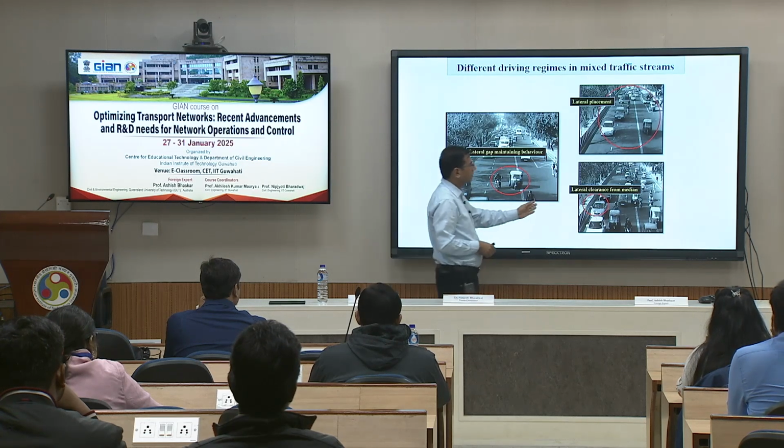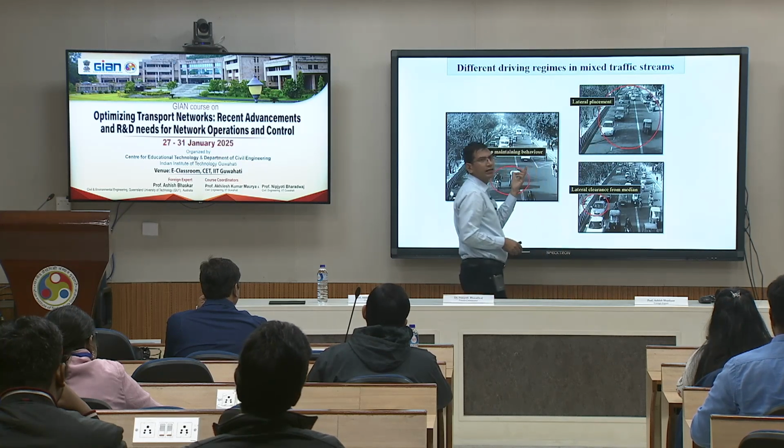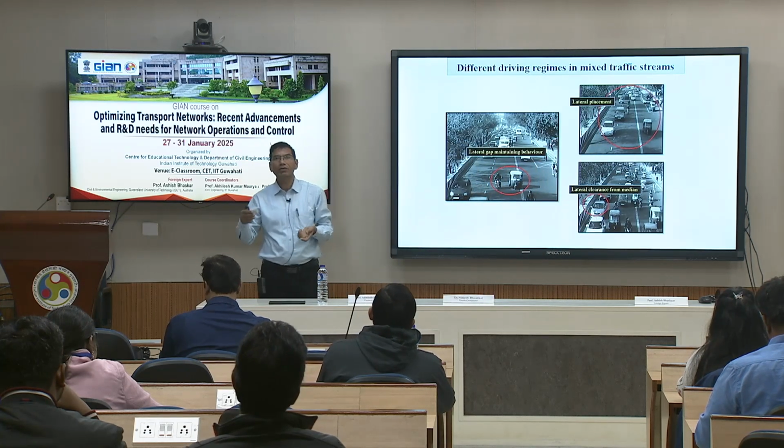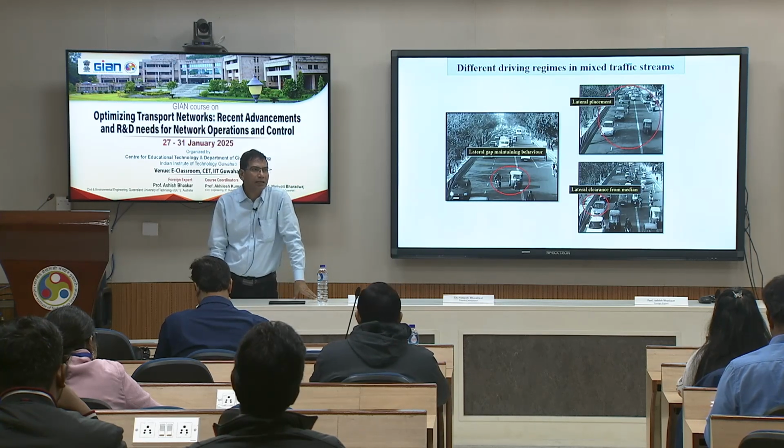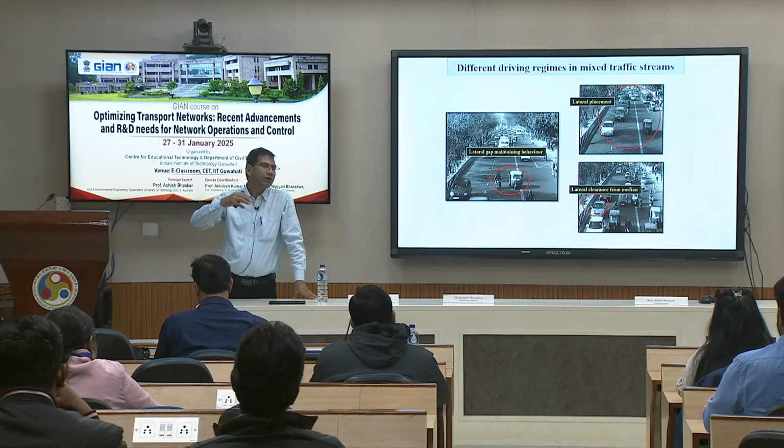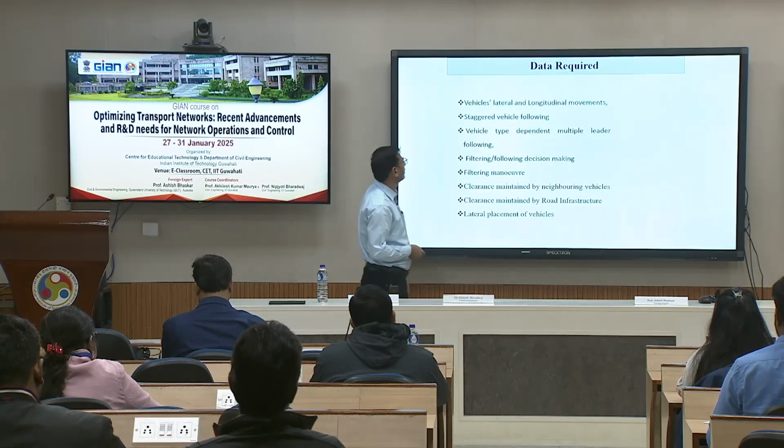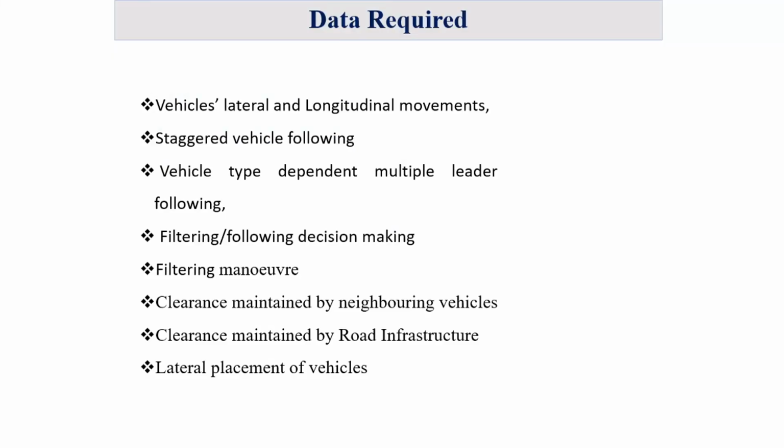These are the basic features which should be represented by any traffic model you develop for the Indian context. So if we list down all the behaviors we need to study: vehicle lateral and longitudinal movement, staggered vehicle following, vehicle-type dependence, multiple leaders, so instead of a single leader there might be multiple leaders, and filtering behavior, how they decide what kind of gap to accept to filter and when not to filter.